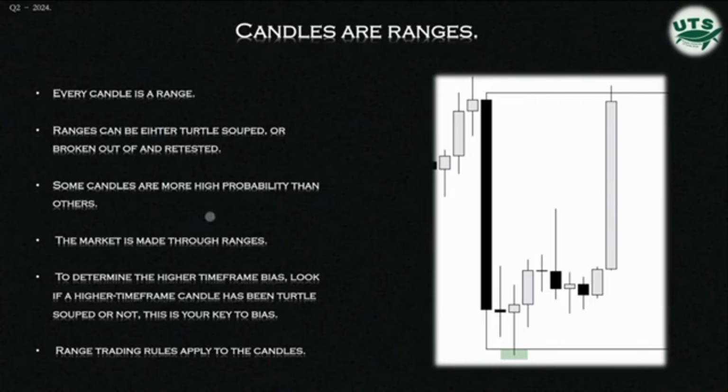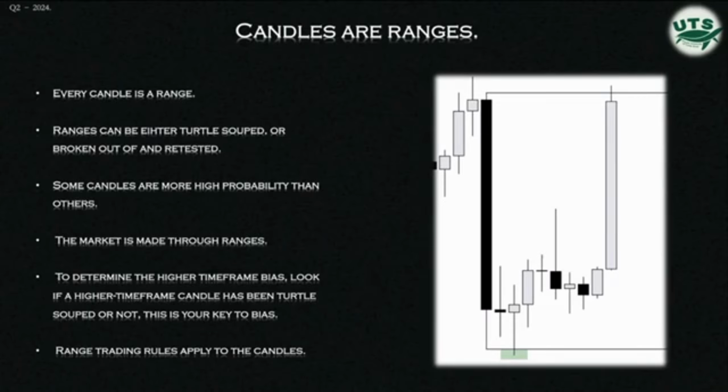The market is made through ranges, as I've said, to determine the higher time frame bias, which is a big issue in the ICT community. Just look if a higher time frame candle has been turtle souped or not, and that will give you the key to the bias. Don't force it. When it's happening, it'll make itself very apparent to you.